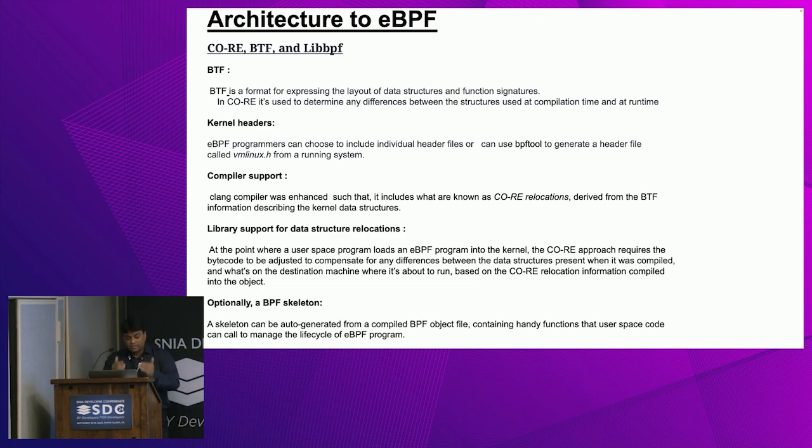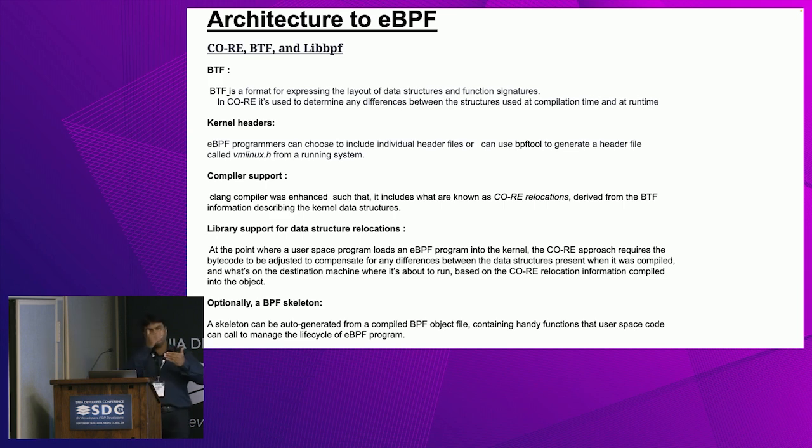And the next module is the library support. Say I have compiled my BPF program on one kernel, and now I am taking it onto a different kernel. When I try to load the BPF program, there is something called a BPF loader that comes into the picture. The BPF loader will see how the data member type format looked when you compiled it, and how it looks now, and whether there is any difference.